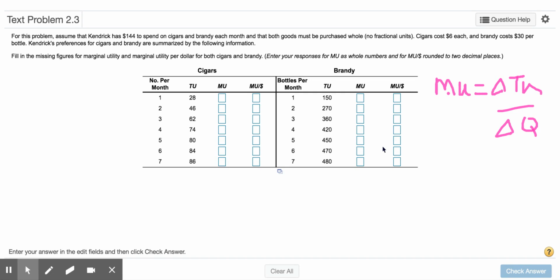Divided by 2 minus 1. Close the bracket. And we do the same thing here to calculate marginal utility per dollar. Divide the marginal utility by the price of brandy.